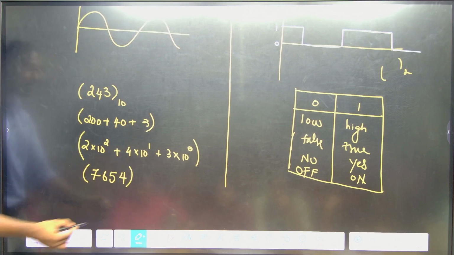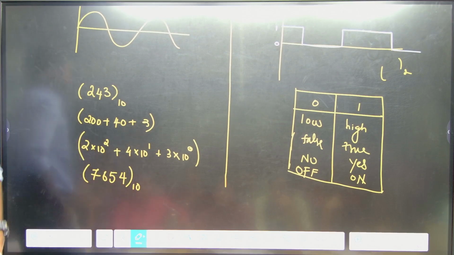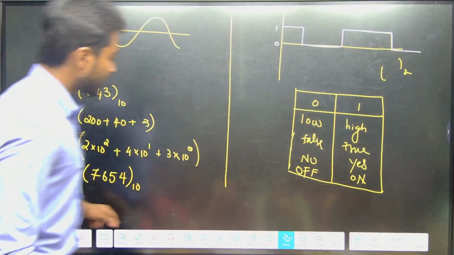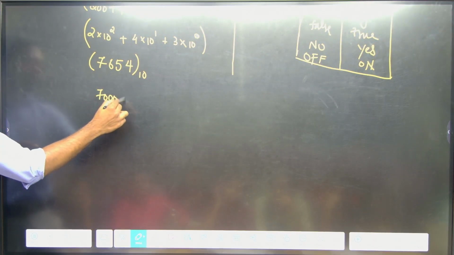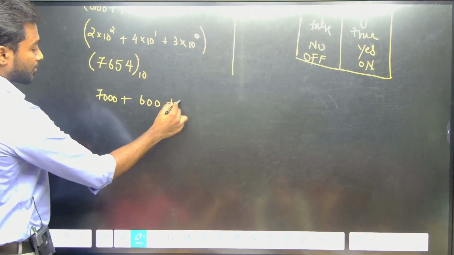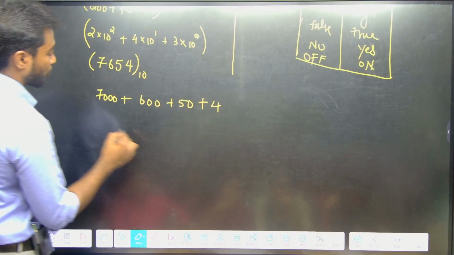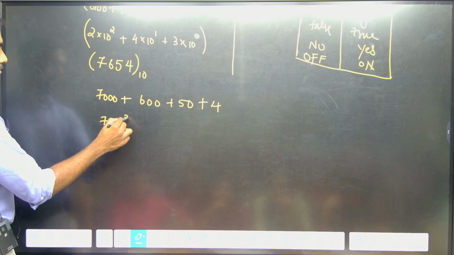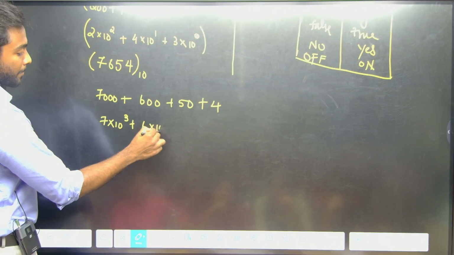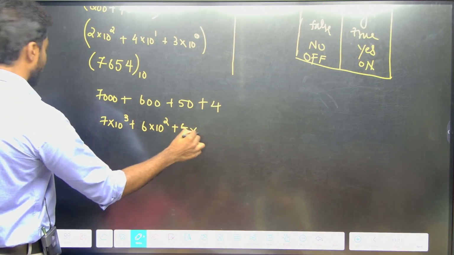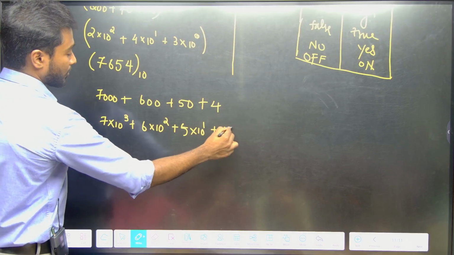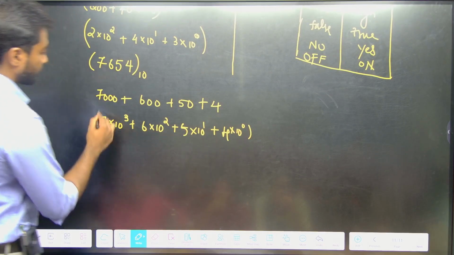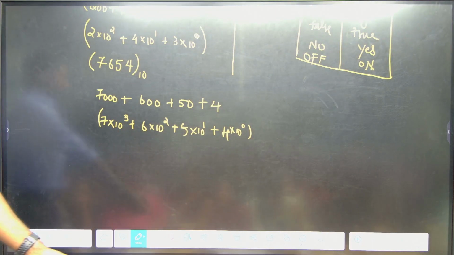How can we write in terms of decimal system 10? 7000 plus 600 plus 50 plus 4. So this is 7 into 10 power 3 plus 5 into 10 power 1 plus. You can take these values and we'll go for the next example.